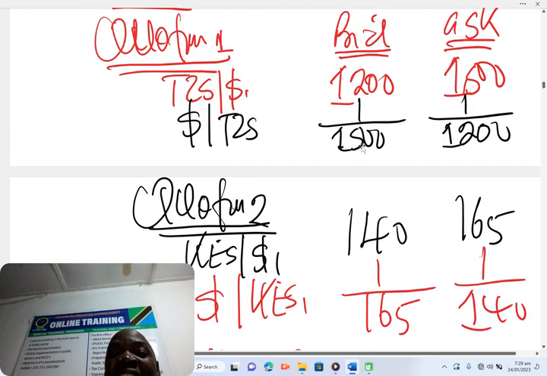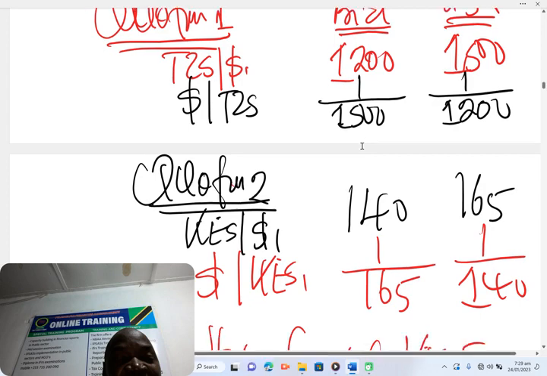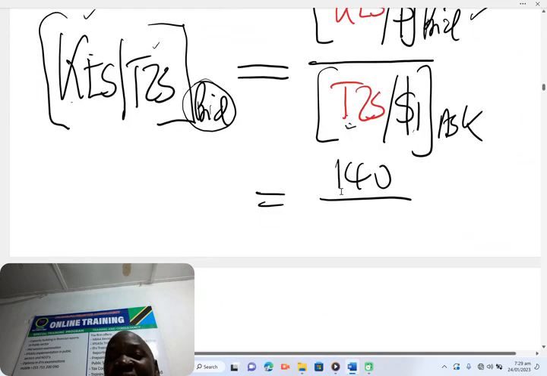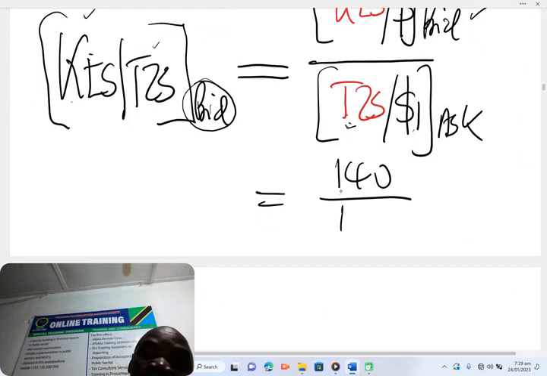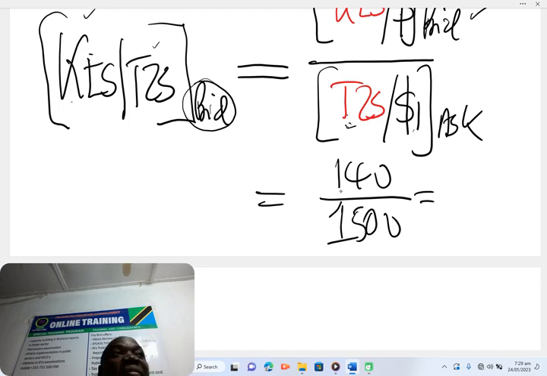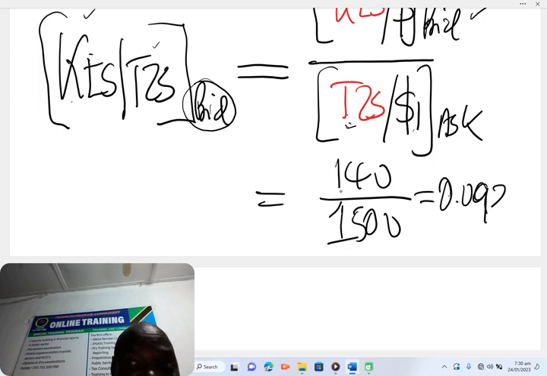In the first quotation. Tanzanian shilling per dollar ask. What's the figure? 1,500. Done. Now divide the numbers there. 0.093.